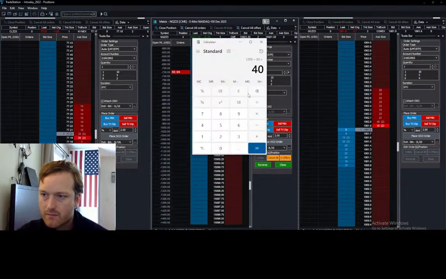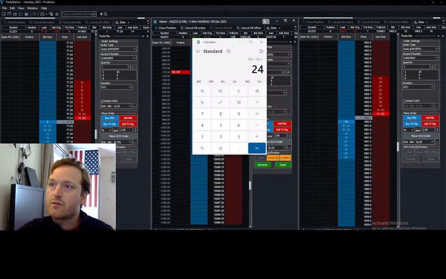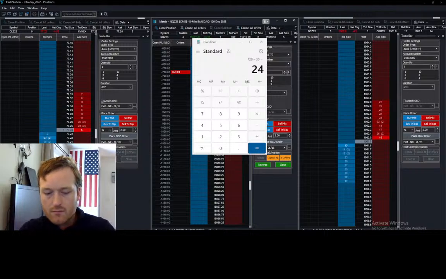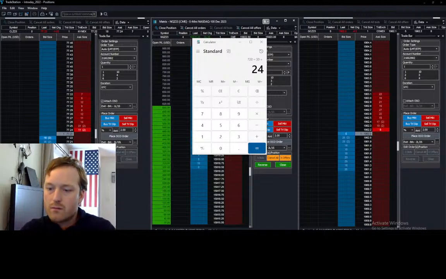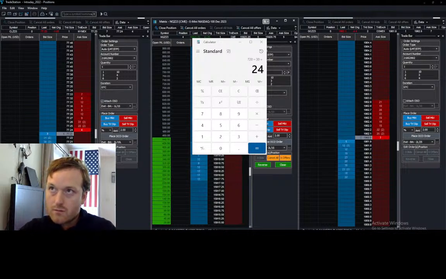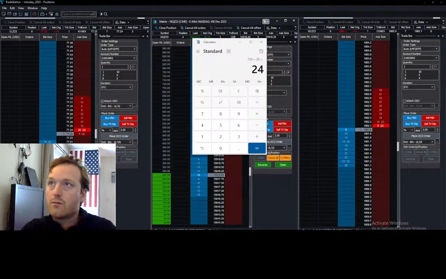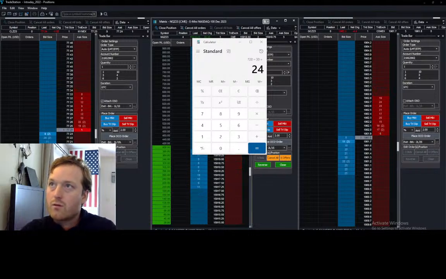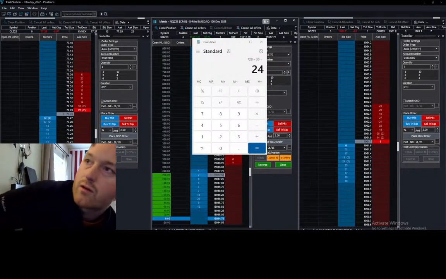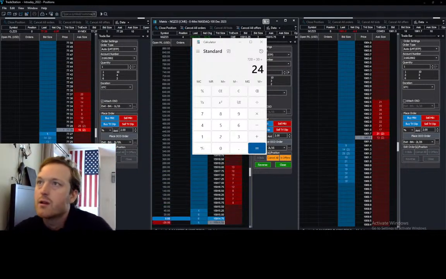For 24, for 40 reward. Now my risk is 24, my reward is 40.